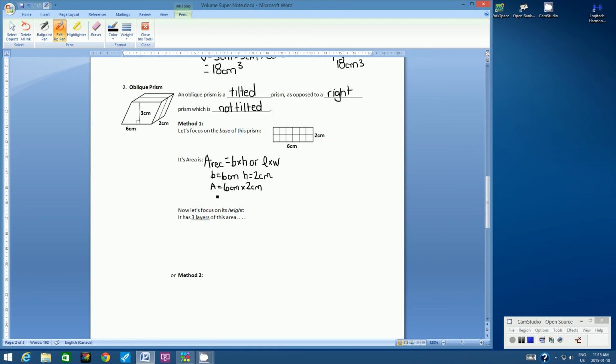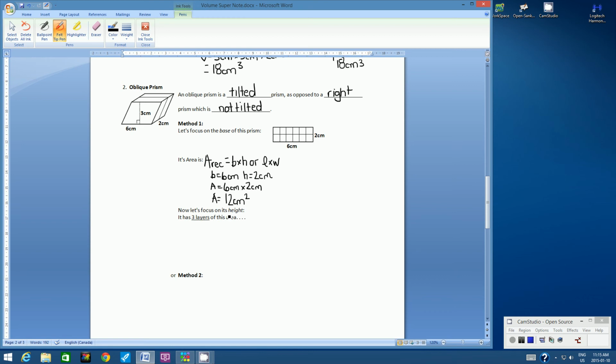And then our calculation line, 6 times 2 is 12. And remember, when we're talking about area, it has to be units squared, 12 centimeters squared. We don't need a therefore line because we want to eventually calculate for the volume. So we're not finished the question yet.